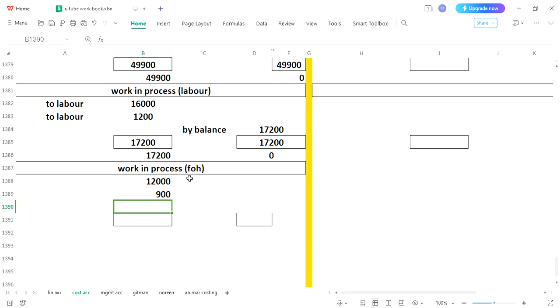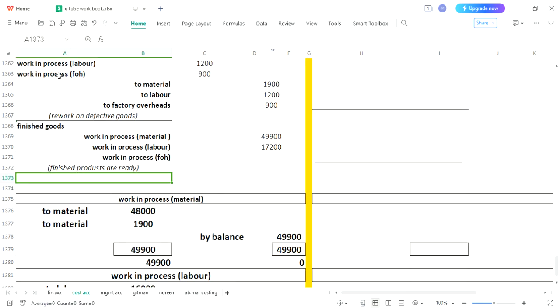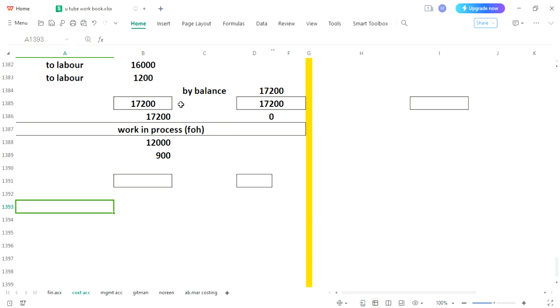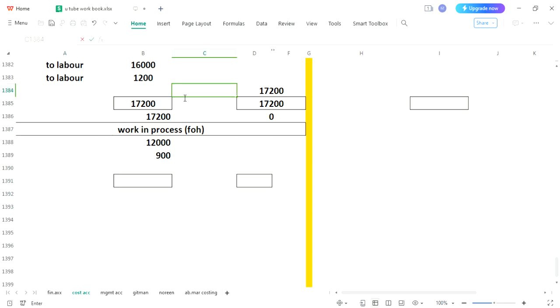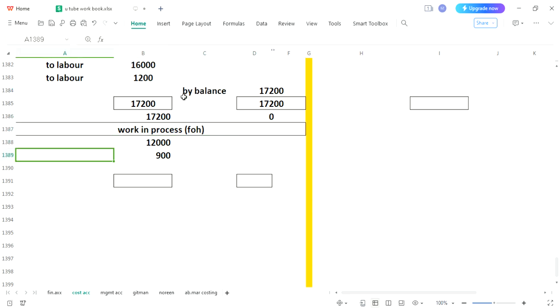If it is present on the debit side, you will post on the debit side. Now we are looking for reference. As you can see, work in process FOH was debited due to what? Factory overhead is written on the credit side, so opposite side, factory overhead. So you will write here FOH, and again FOH over here.